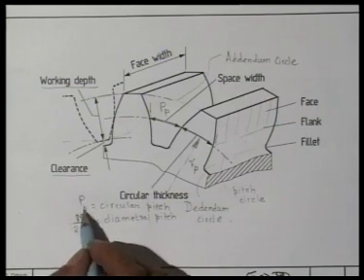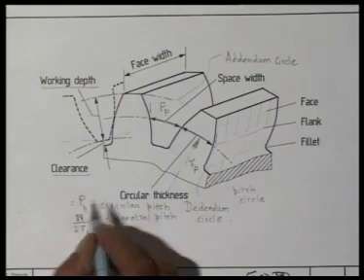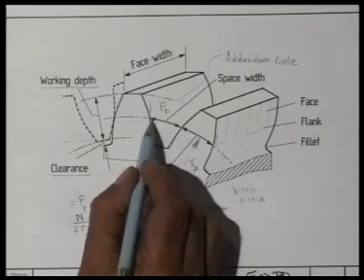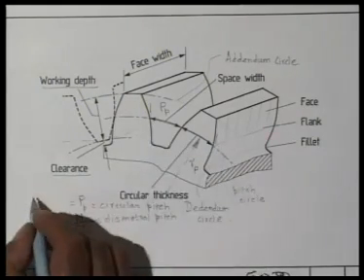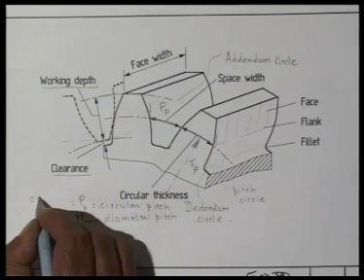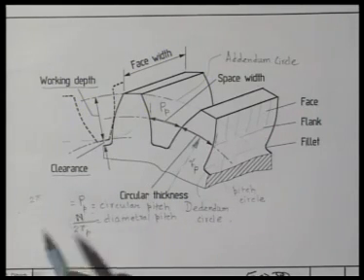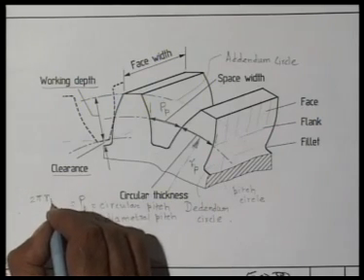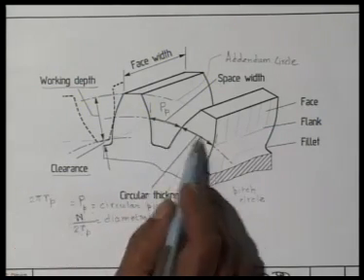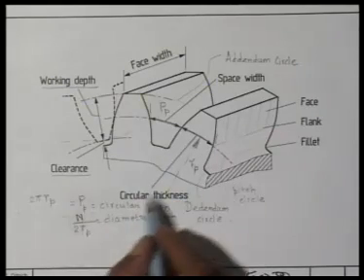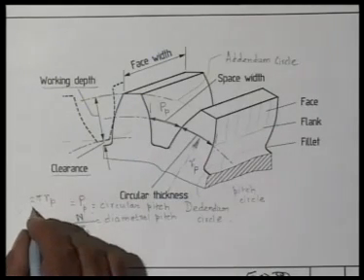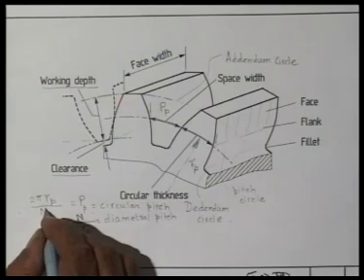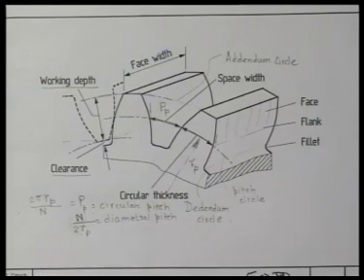And what is this circular pitch? It is easy to see. The total perimeter of this pitch circle will be 2 pi Rp. And if there are n teeth on this gear, then Pp will be 2 pi Rp by n, where n is the number of teeth.